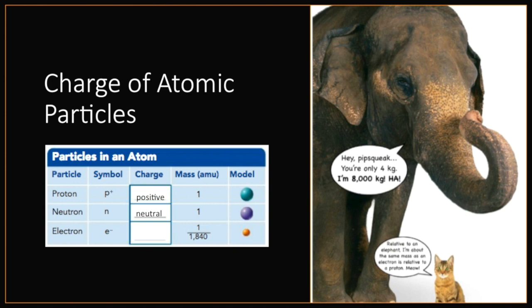What charge then do you think electrons carry? The overall charge of the atom needs to equal 0 or be neutral. So electrons carry what charge? Yes, they carry negative charge.